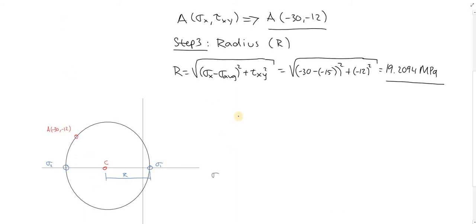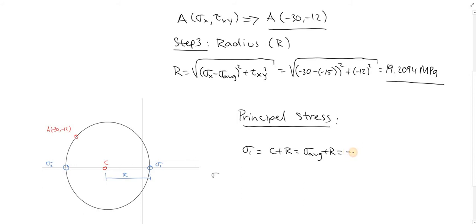If I go ahead and write that out, we can quite easily find that my maximum principal stress is just the center point, which is my average, plus the radius. My center point is located at negative 15, and then we add the radius, which is 19.